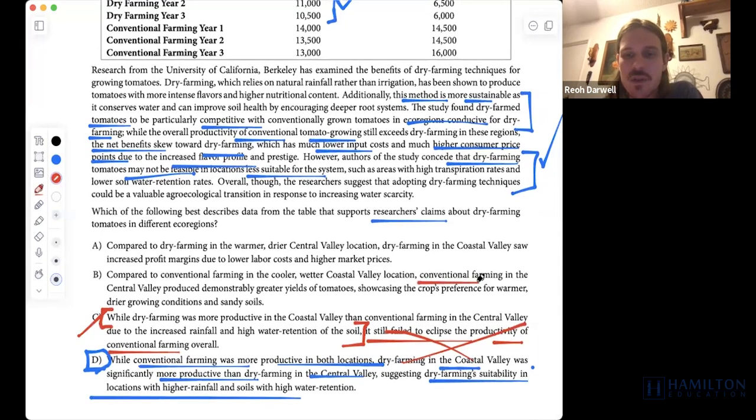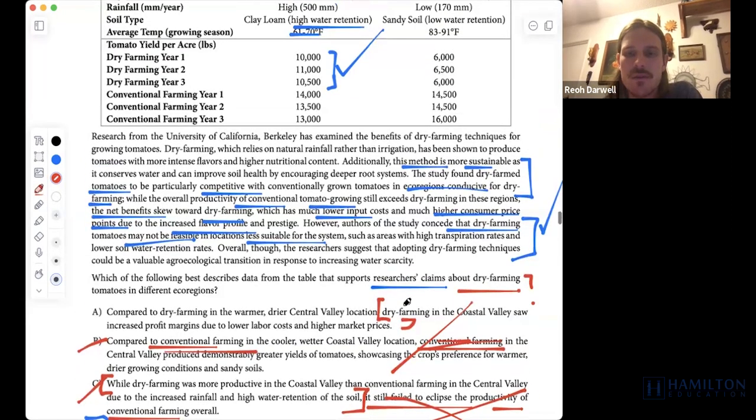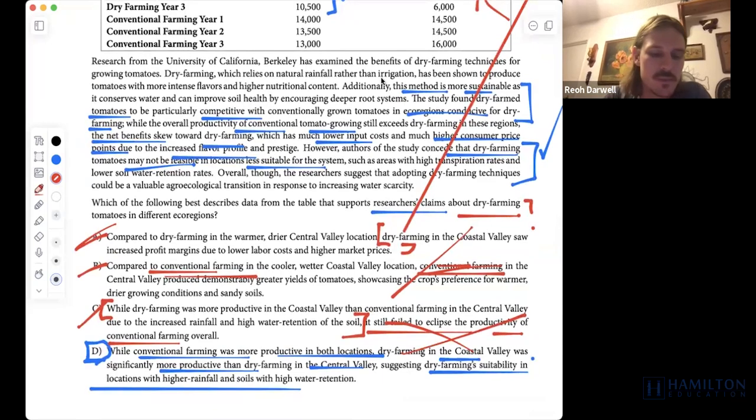This is talking solely about conventional farming, right? We can't talk only about conventional farming if we are talking about their claims about dry farming. And then for A, was this actually in the table? I don't believe so. As such, unsupported, and we have to go with D.